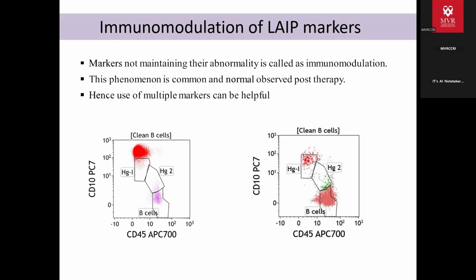So if I am relying only on my bright 10 expression on the diagnostic marrow, I will most probably miss this blast. So that is called immunomodulation. So markers do not maintain their abnormality following therapy. Okay, and this is usually observed post-therapy. So here we need to use, that is why we are using multiple markers to purify out these blasts.